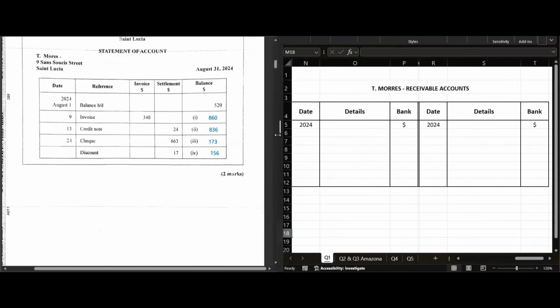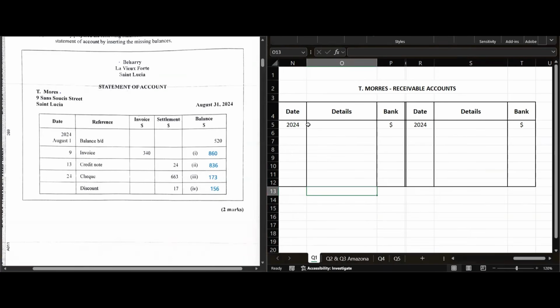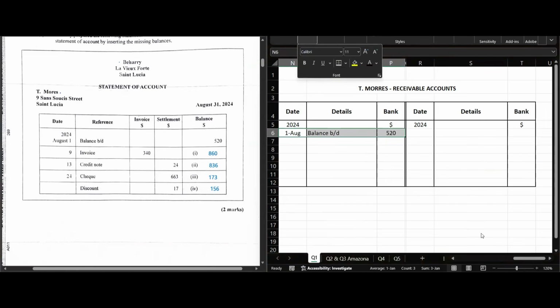So this is TMOs here at the side. Great. So TMOs owing 520 at the start, therefore debit balance. Good. TMOs on the 9th actually took an invoice, therefore they purchased more from Bihari, therefore debit.